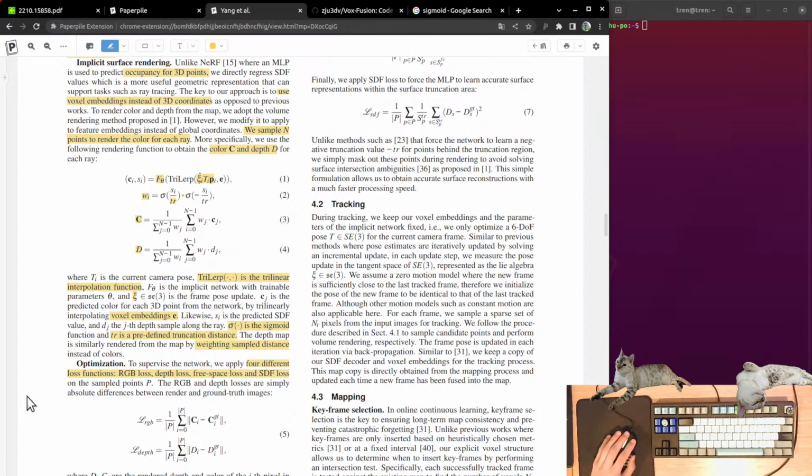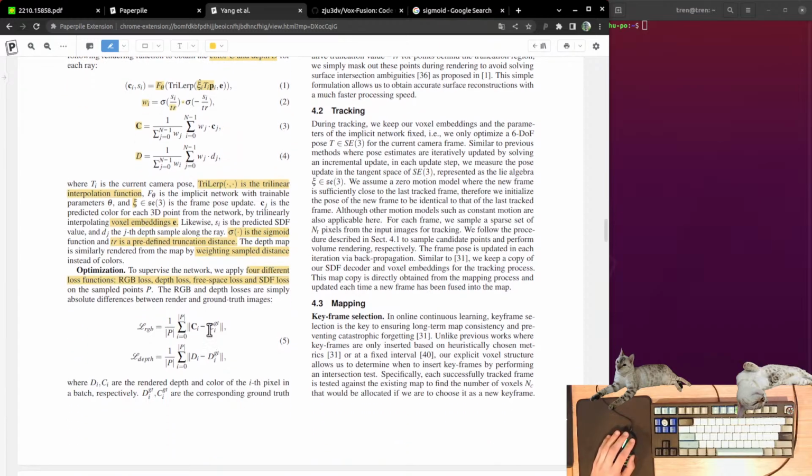RGB and depth losses are the absolute difference between the render and ground truth images. So you have the ground truth color at this point, and you're subtracting from it the color that you get out of the NeRF, and same thing with the depth. It's an L1 loss, and you're averaging it over all the points.